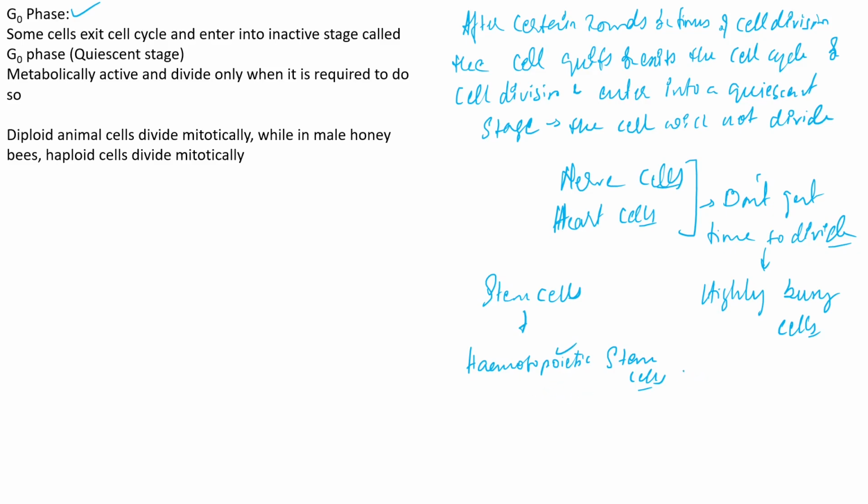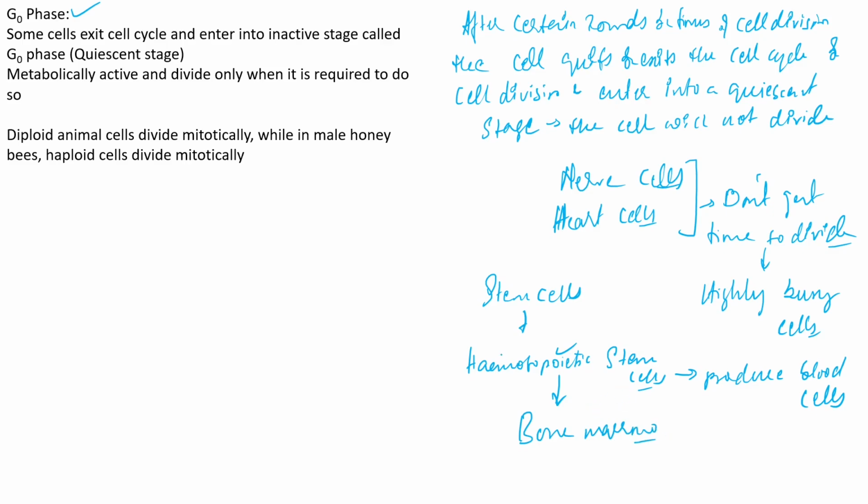The function of the hematopoietic stem cell is mainly to produce the blood cells, and they are mainly present in the bone marrow.